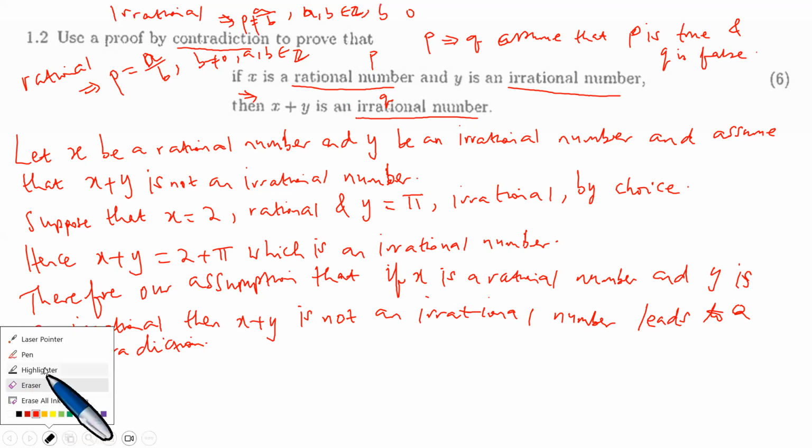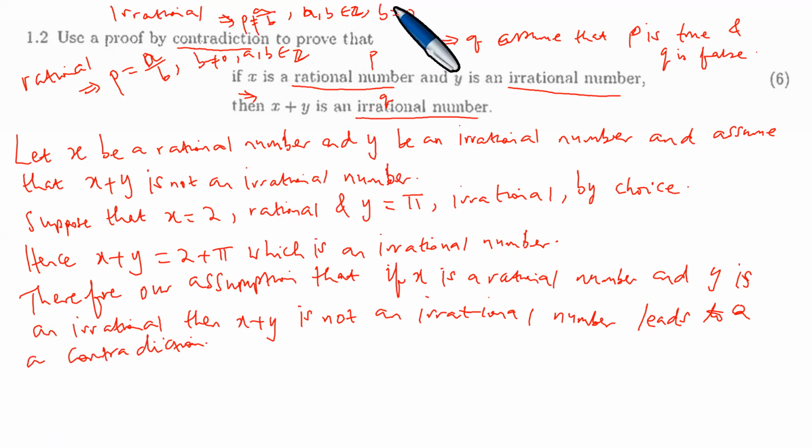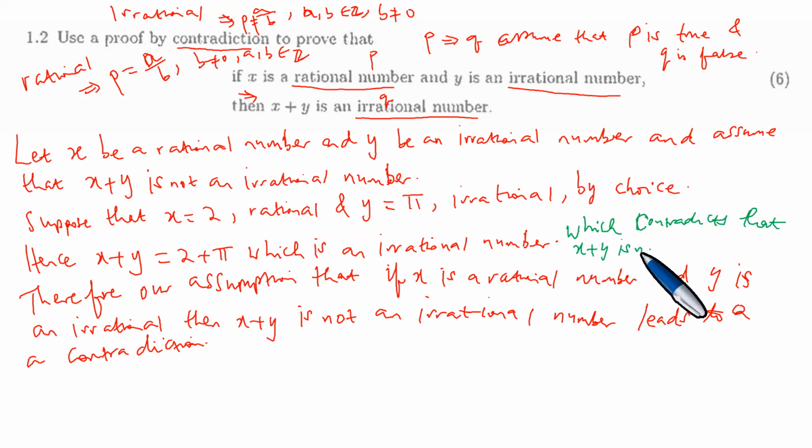I said here, hence x plus y is 2 plus pi, which is an irrational number, which contradicts that x plus y is not irrational.